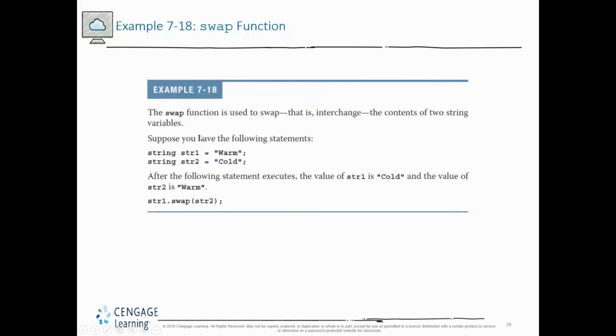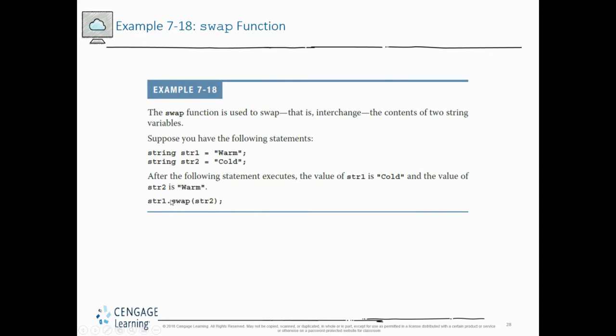All right. So here, again, we're not really going to do that much, but there is one of the programming exercises that will be doing some stuff with string manipulation. Here we have a string called string1, it's warm. Here we have a string called string2, it's cold. And then after the following statement executes, the value of string1 is cold. There's just a built-in, so string1 dot swap, because it's a string and we're using the string library, then we can use the dot swap.